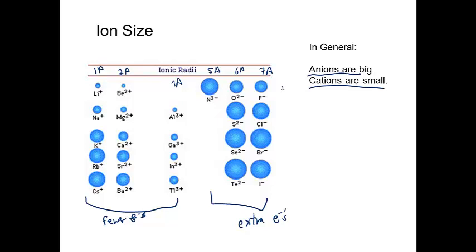The other thing that's true is as you go down the periodic table, you still have larger orbitals. So as you move down the periodic table, sizes of ions increase. But left and right, things are different.